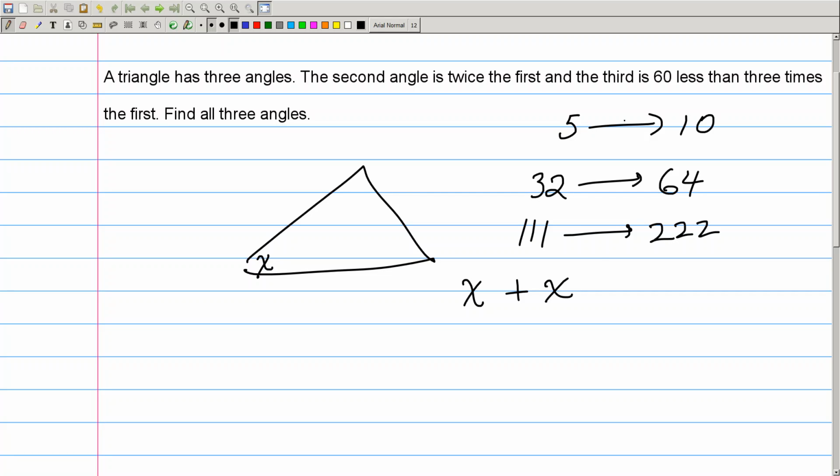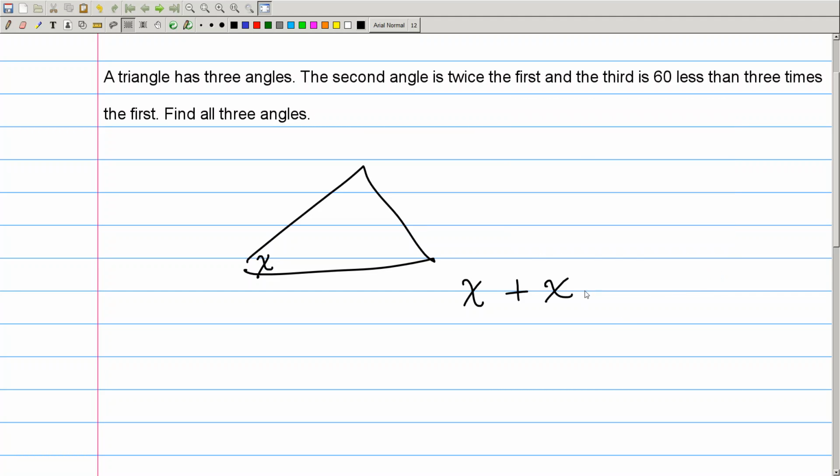That's how we go from 5 to 10, 32 to 64, and 111 to 222. What you're really doing is transforming x into 2x. That's what twice x means. That's what twice the first means. So when it says twice the first, it really just means 2x. So that is the second angle.